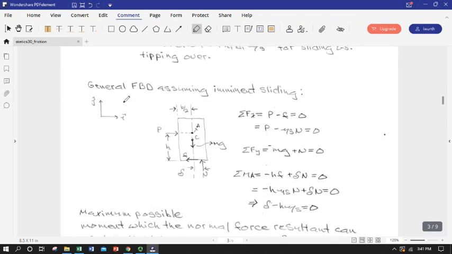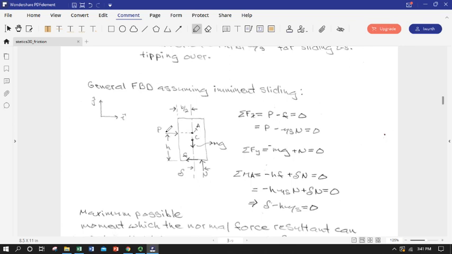Okay, so we're going to do a general FBD of this and start this derivation. We're going to slap a coordinate system on. So x, or i hat, increases to the right, and y increases upwards towards the top of the paper. I've defined my point of application of P goes through point A again, same kind of nomenclature.